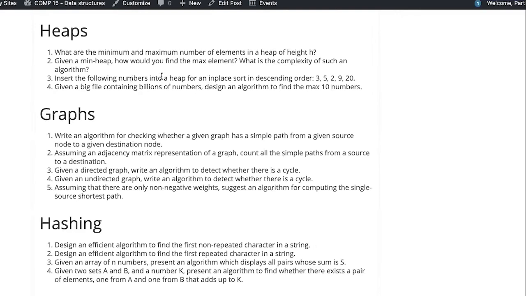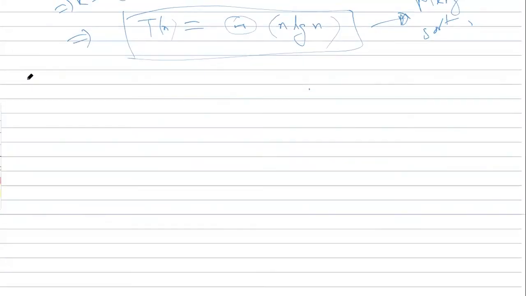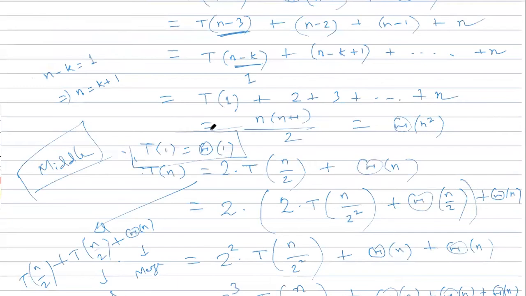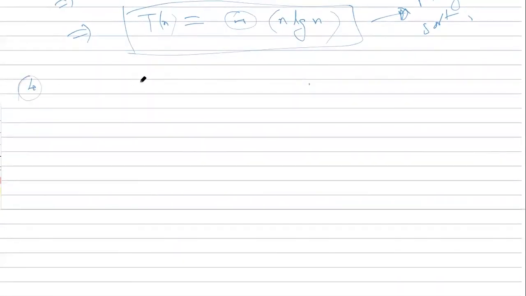Okay, so let's see heaps. What are the minimum and maximum number of elements in a heap of height h? This is problem number 4. When is it minimum?